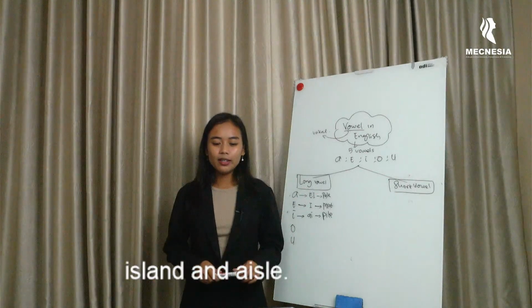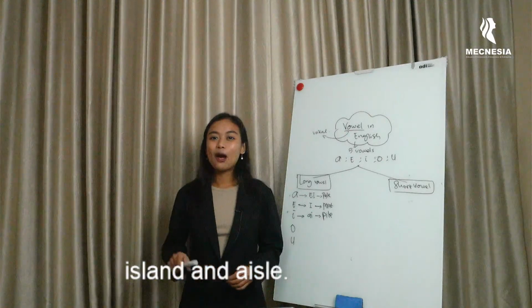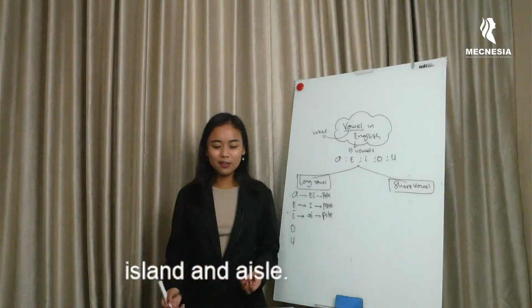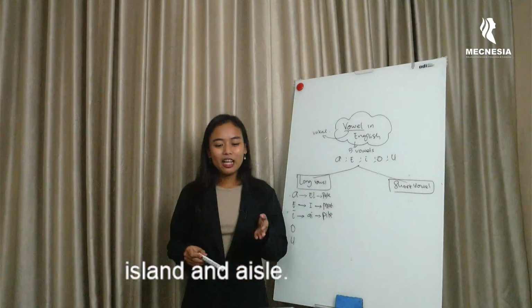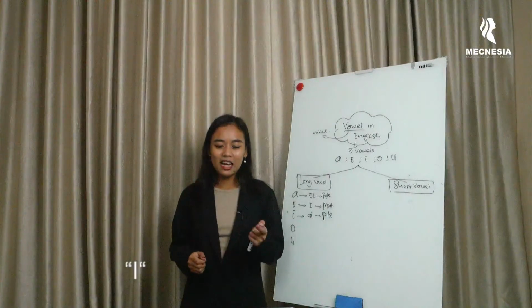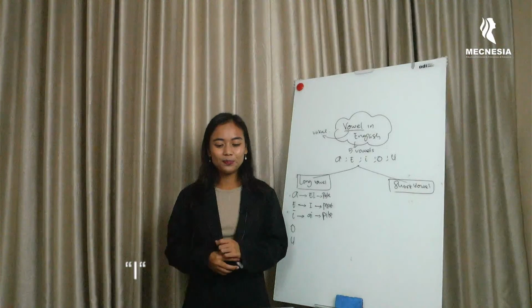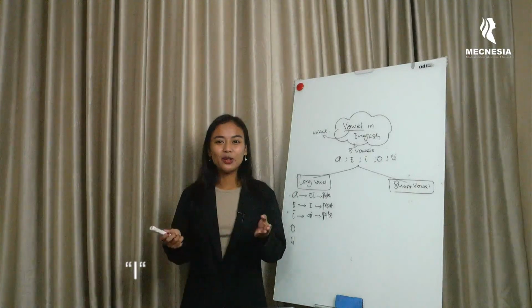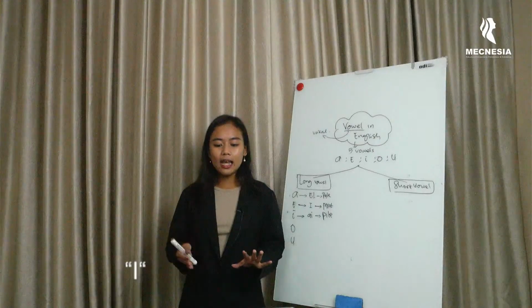And in the word aisles. One more time, aisles. Next is in the word I. Aturan selanjutnya yang E dalam kata I, saya. And the last, aturan yang F, when there is Y in the end of the word.